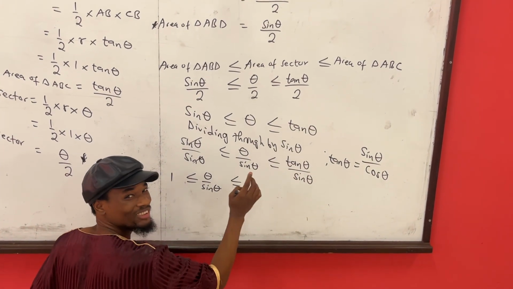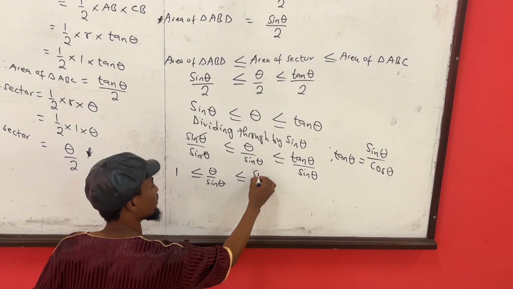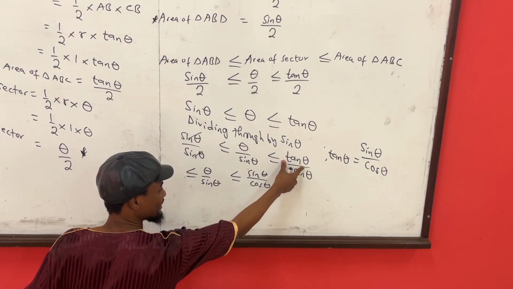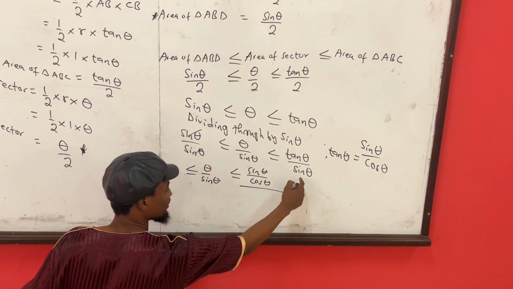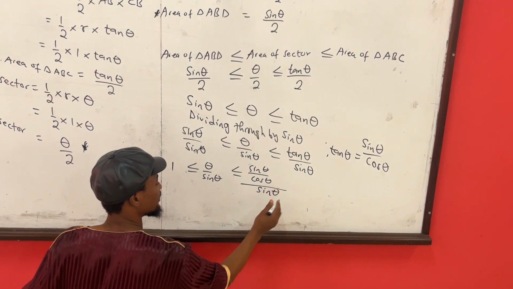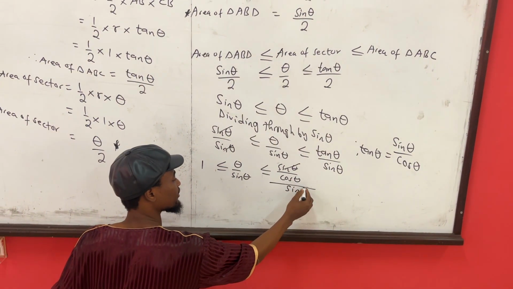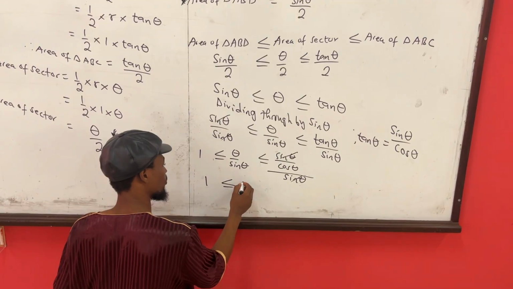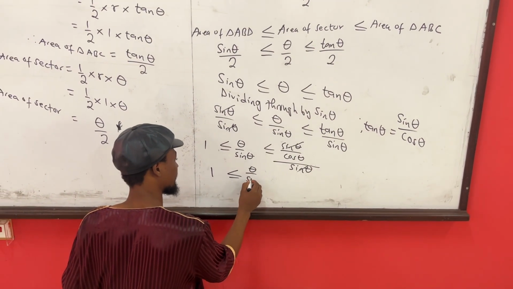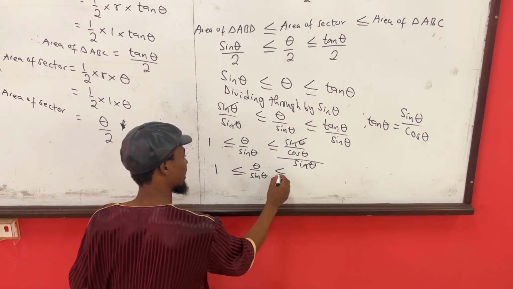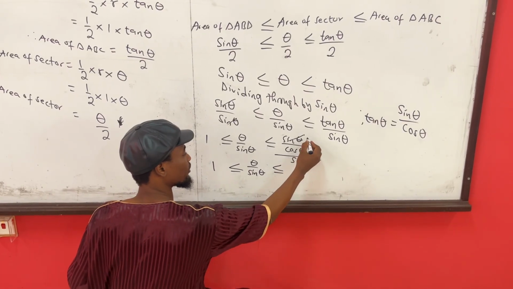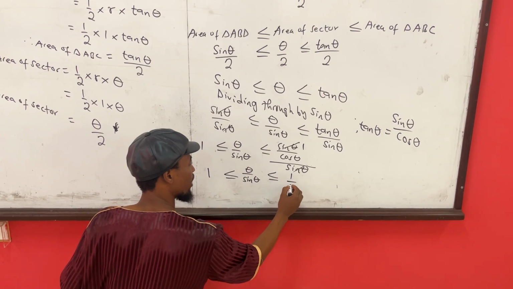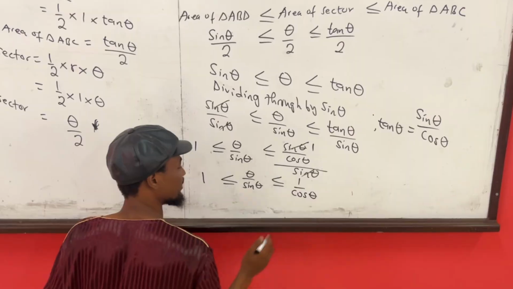Sine theta over cos theta, right? So we have sine theta over cos theta for the tan divided by sine theta. So sine theta cancels sine theta. So we have 1 over cos theta.